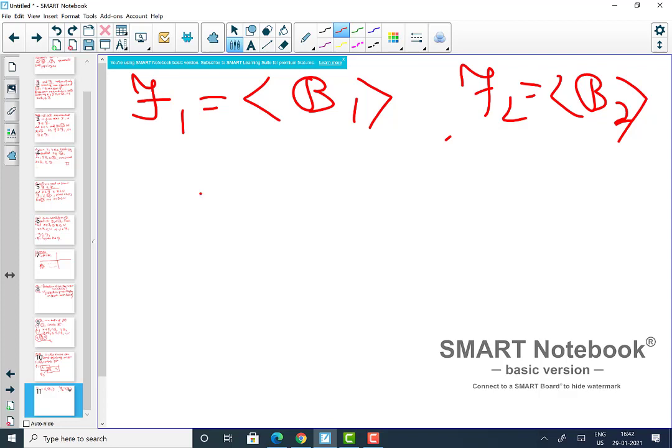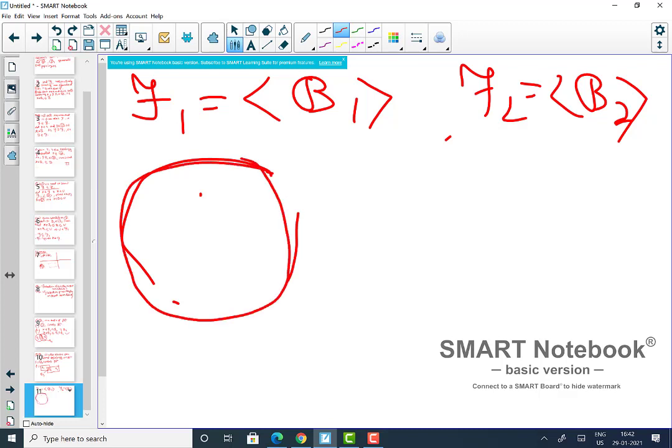Given a point and a circular region, just assume this is a circle, though it doesn't look like an exact circle, the interior of the circle, you can always find a basis element from tau 2. How? This is the basis element.